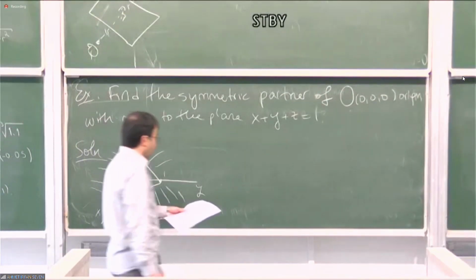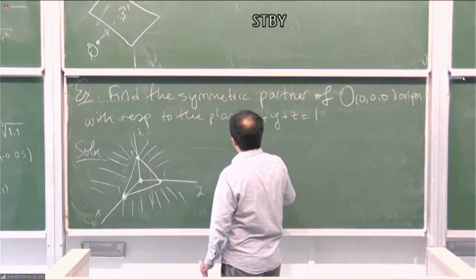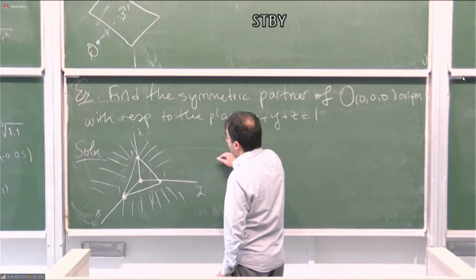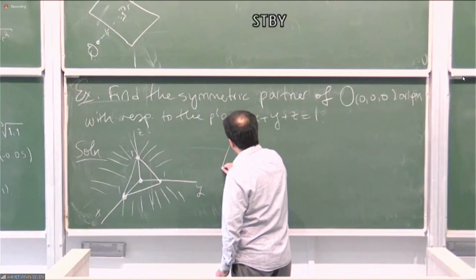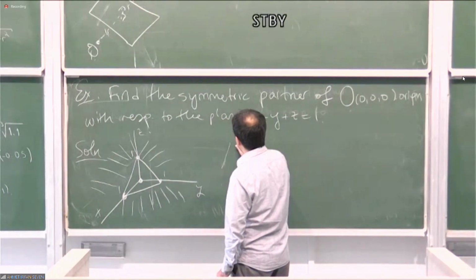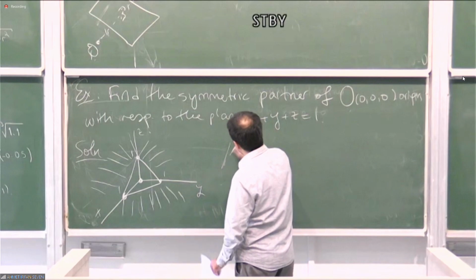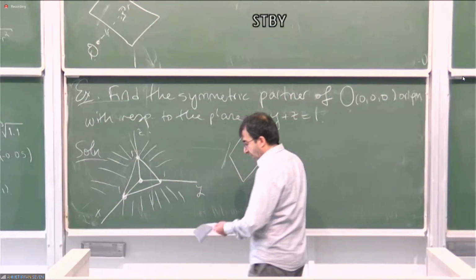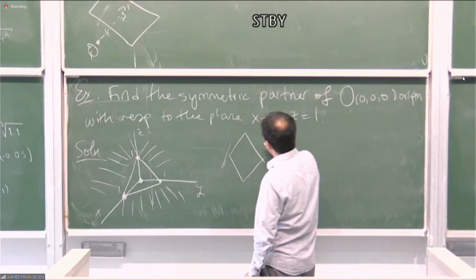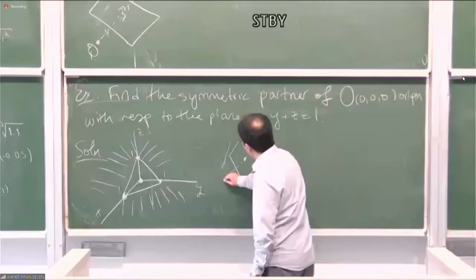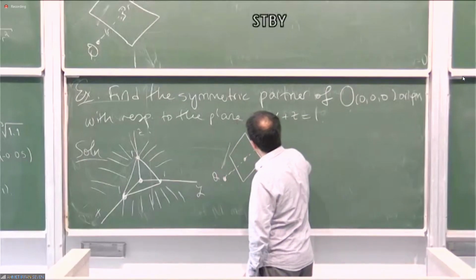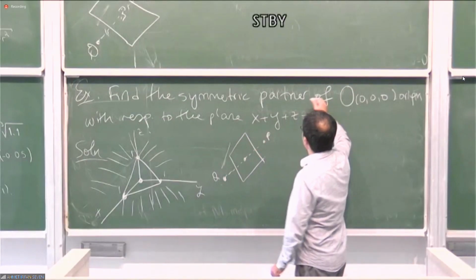Okay. So let's start. Again, looking at this picture, let me draw another picture here. So this is P. P is here, and Q is the symmetric partner.